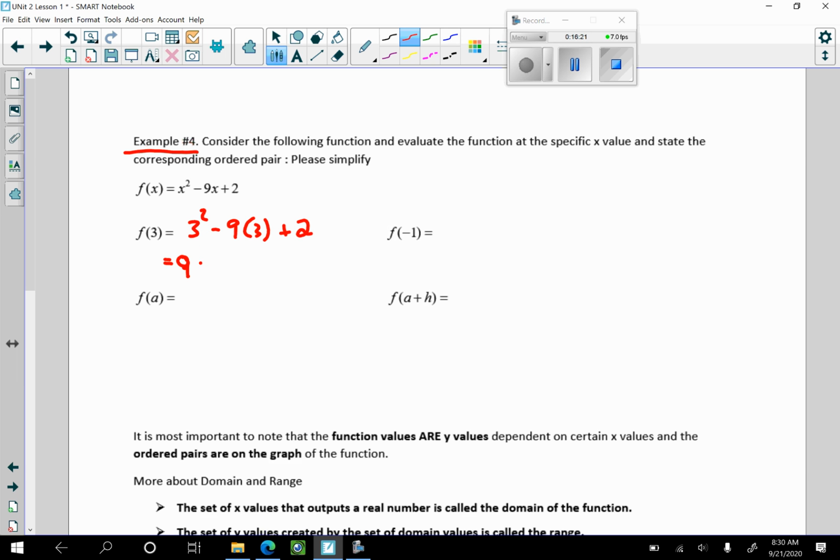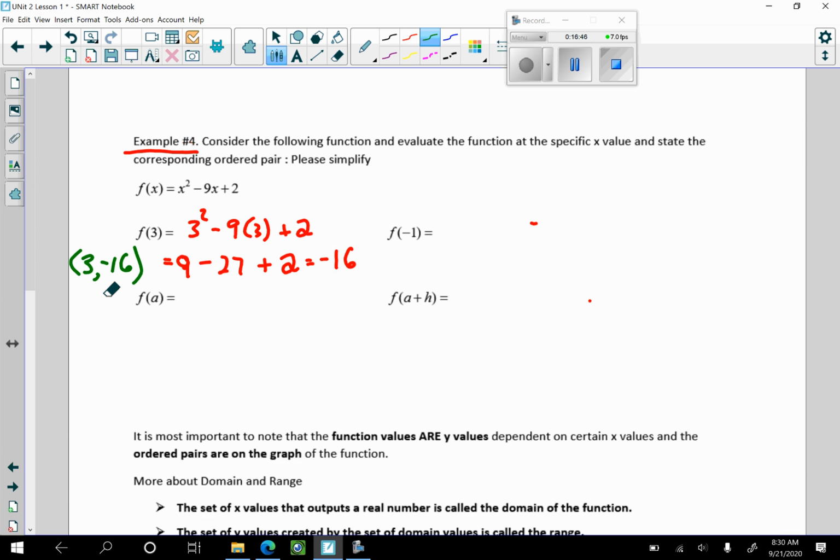Minus 27 plus 2. And that is going to be, is that negative 16? True or false? True. So the corresponding point is going to be 3 comma negative 16.